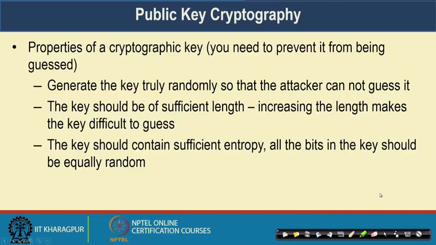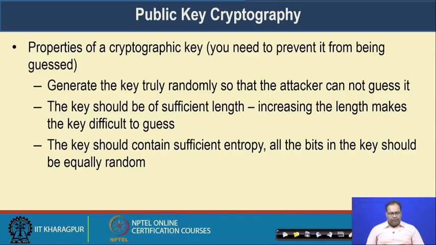The properties a cryptographic key should have ensure that the key is prevented from being guessed by others. If others are able to guess the key, they will be able to encrypt or decrypt the particular content.